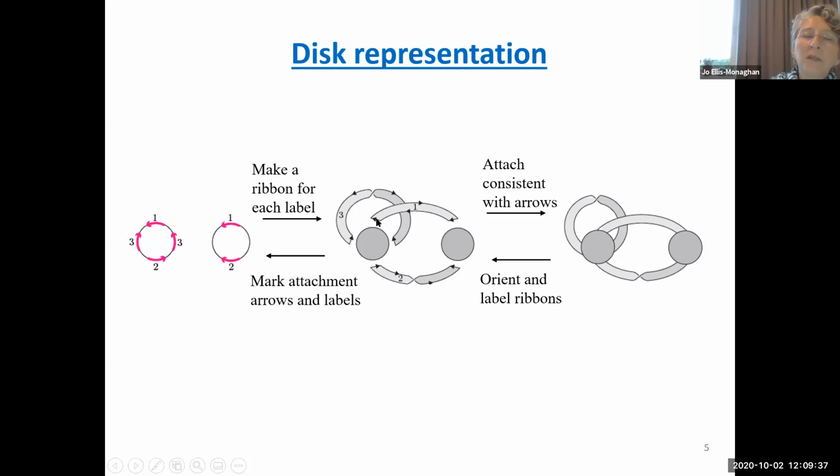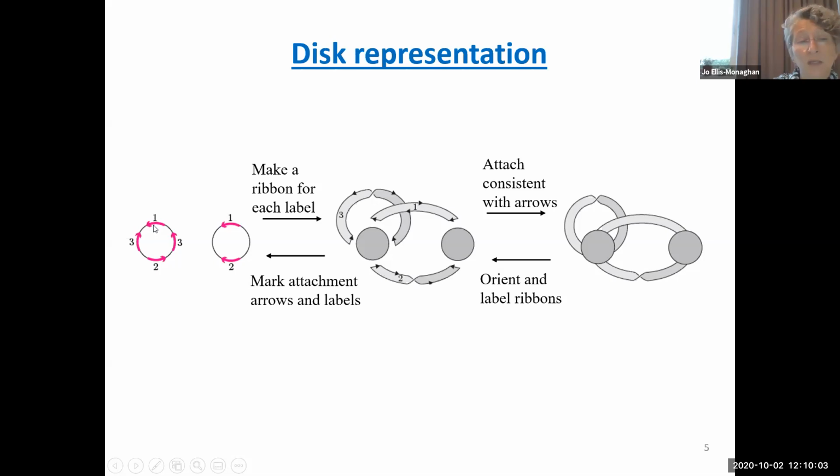And now all we need to record are the vertex disks and the direction and number of the arrows where the edges meet the vertex disk. So right here, this edge labeled 1, where it meets this vertex disk, has an arrow pointing counterclockwise, and all I need to do is record the arrow.